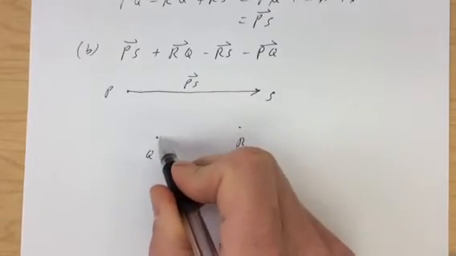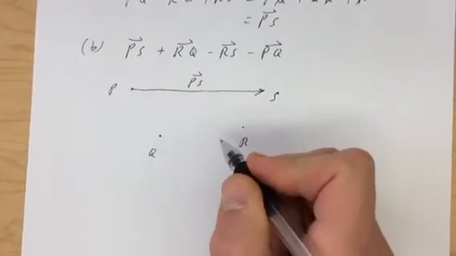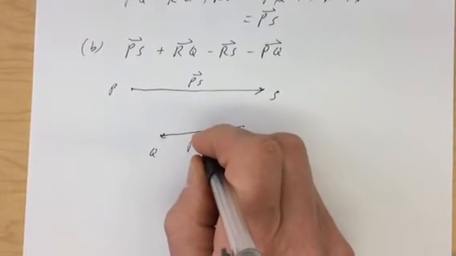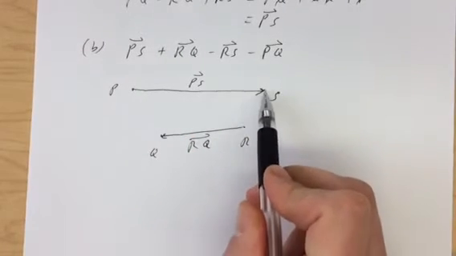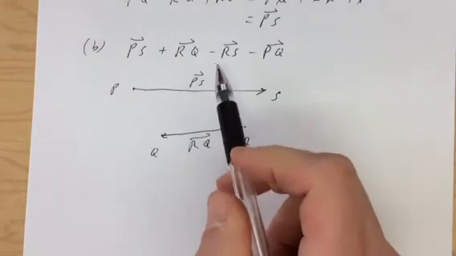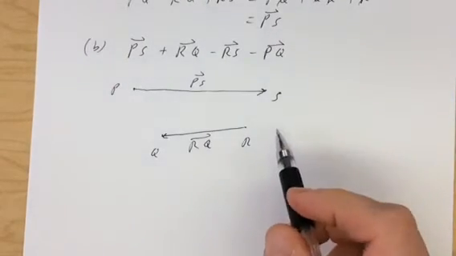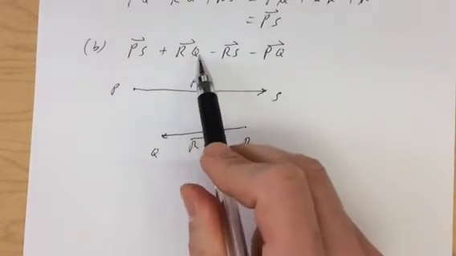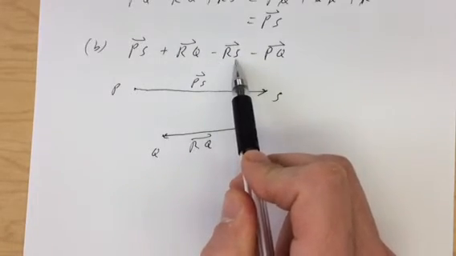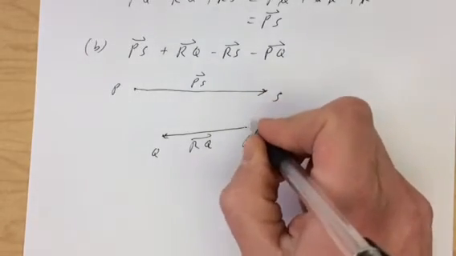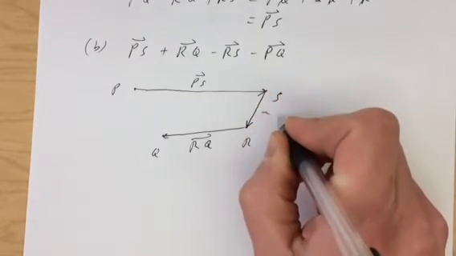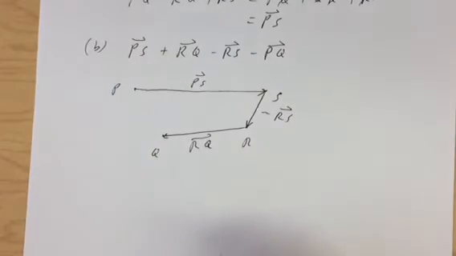Plus RQ, well, I would have to translate that vector RQ up to the end point there and draw it like this. That's okay. But I could put this in a different order, and instead of putting RQ at the end of PS, I could use this one here, negative RS. Negative RS, so there's RS, negative RS is this way. Okay, so that's negative RS.